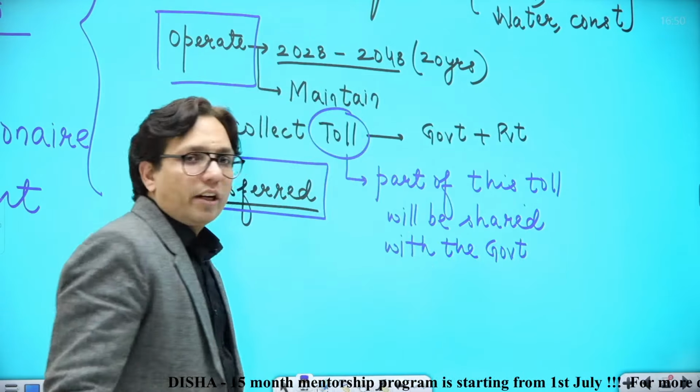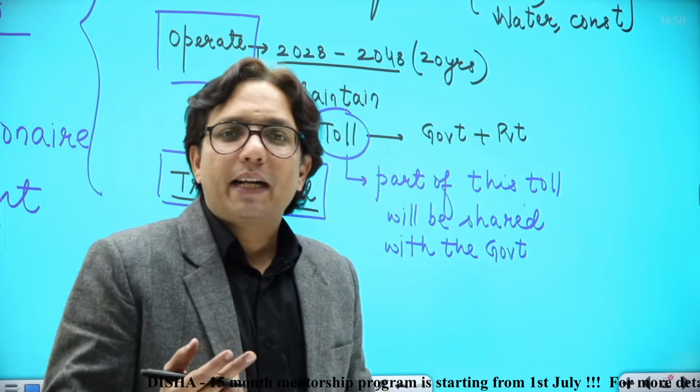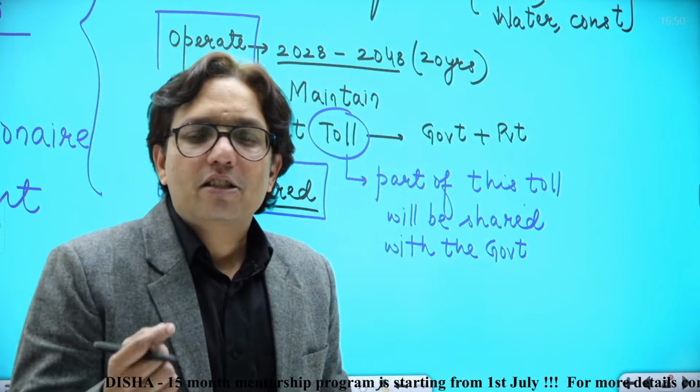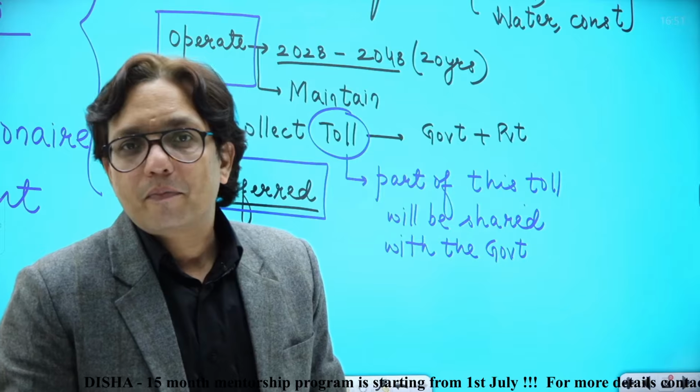Part of the toll is shared with the government. So which party would be getting the contract? That party would be getting the contract which shares maximum revenue with the government.